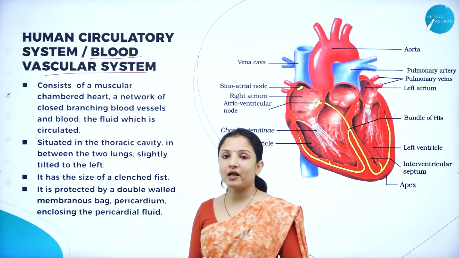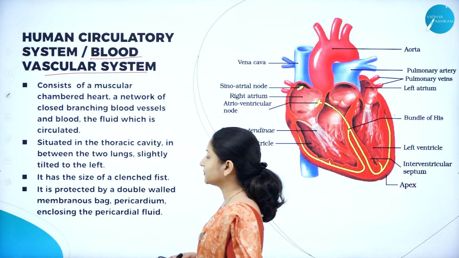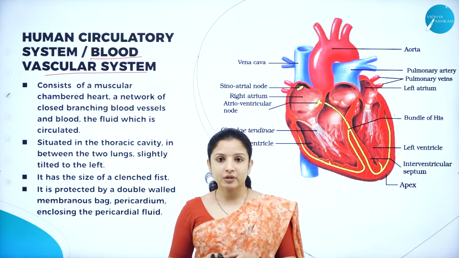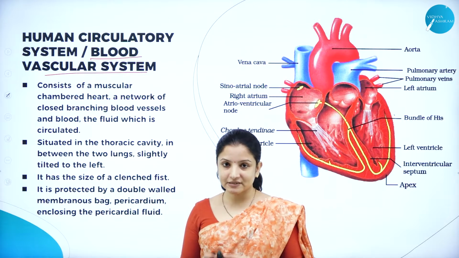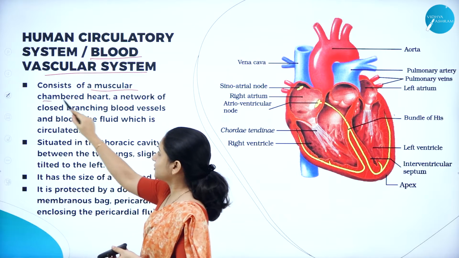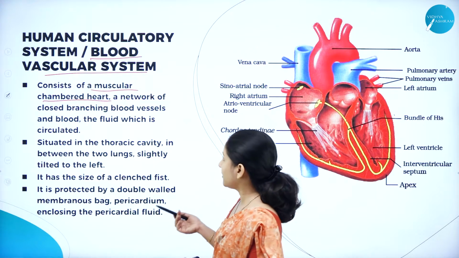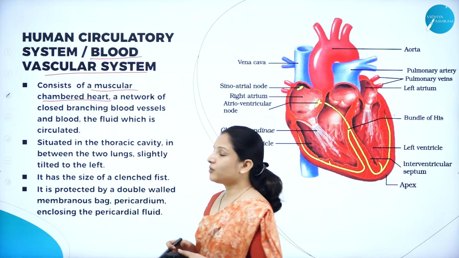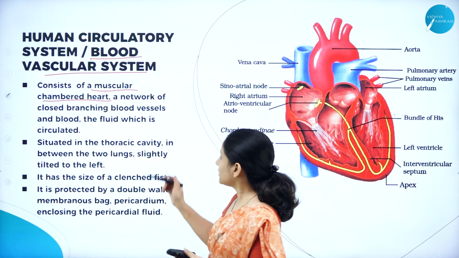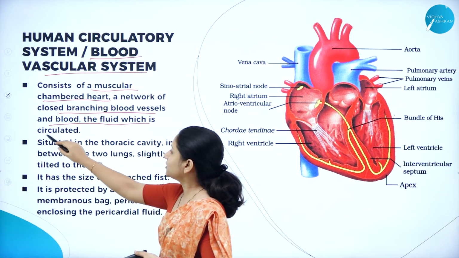So we shall study the blood vascular system, or the human circulatory system. We human beings consist of a muscular chambered heart, right? Our heart is muscular, it is chambered. We are also mammals. We also have a muscular chambered heart, and a network of closed branching blood vessels and blood, the fluid which is circulated.